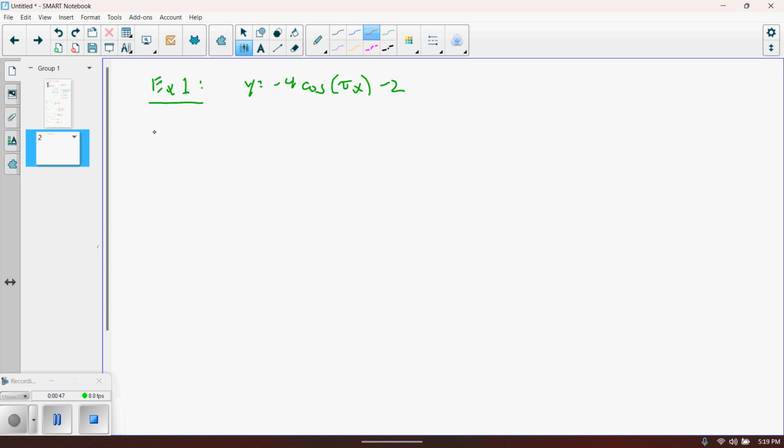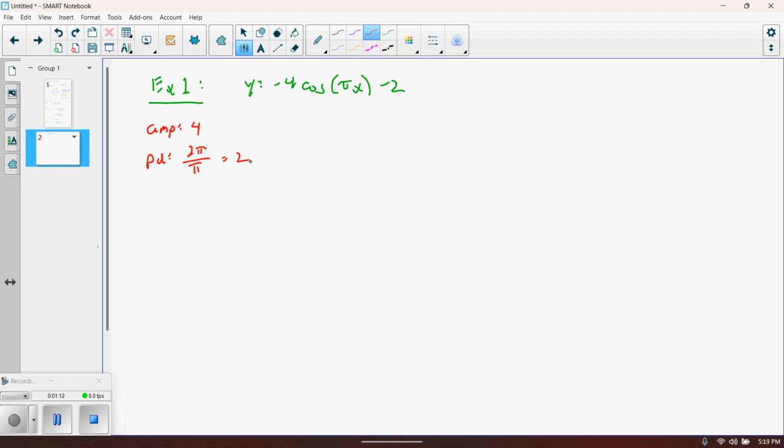So we have an amplitude of 4. Again, the amplitude is always positive regardless of whether there's a negative sign. The negative is just going to flip it over. Let's see, we're going to need to figure out the period. The period will be 2 pi divided by the omega, which is pi. So that's 2.